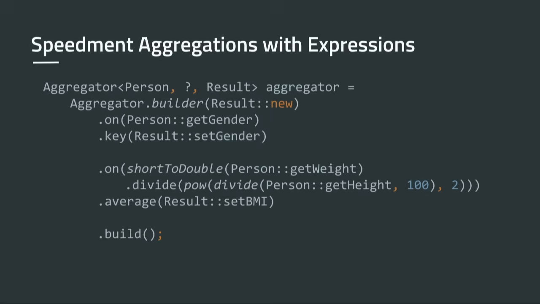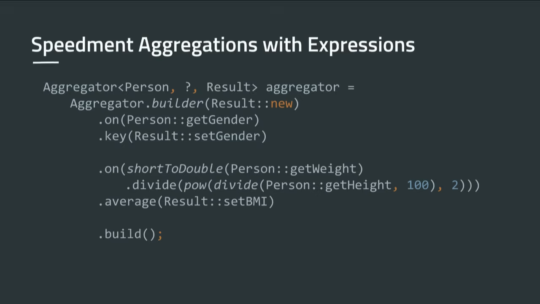And what you saw before was a very simple example where we would just create the average, but via a composition of functions, we can also create more advanced functions that are being computed off-heap. So this is just an example of computing the BMI, for example, by doing a few operations on the data.